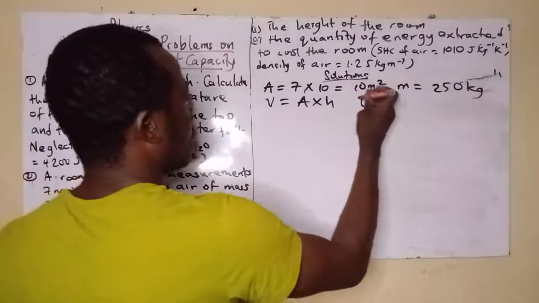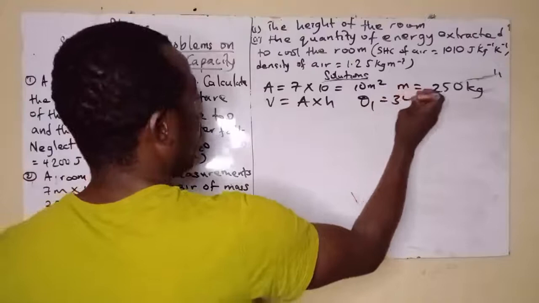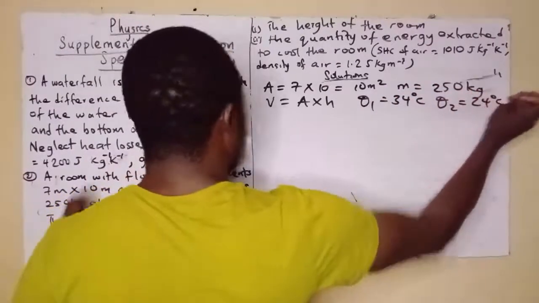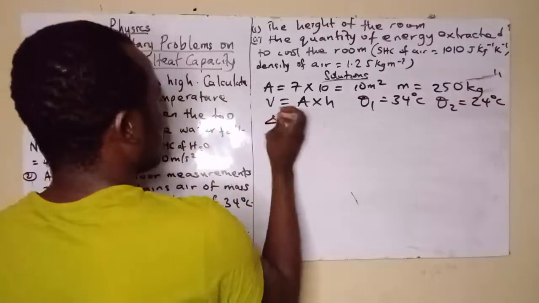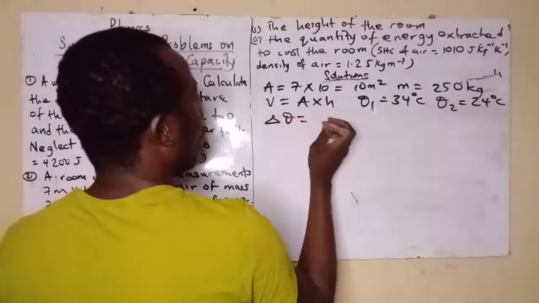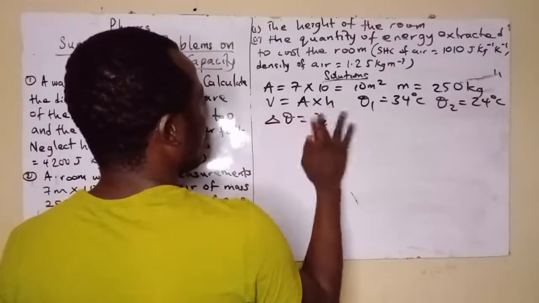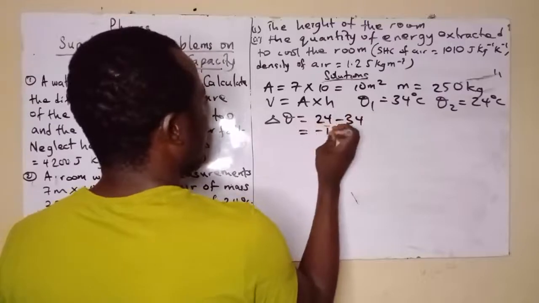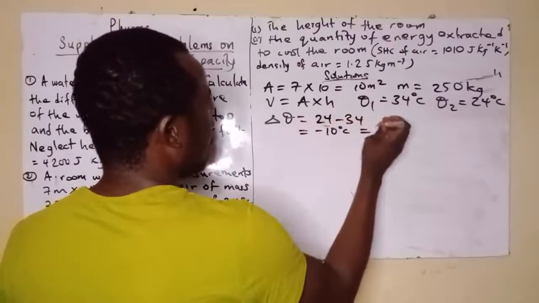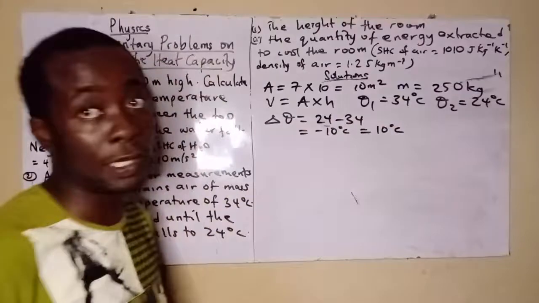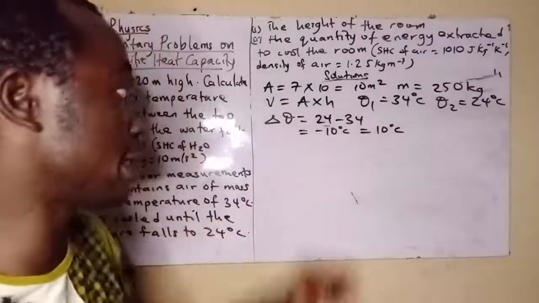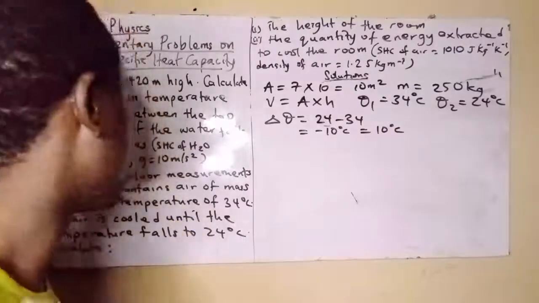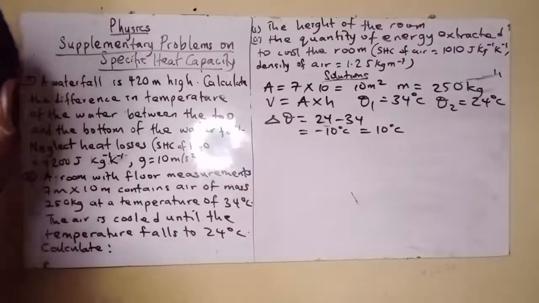Initial temperature theta 1 is 34 degrees Celsius, theta 2 is 24 degrees Celsius. So the change in temperature, delta theta, is theta 2 minus theta 1, which is 24 minus 34, and that's minus 10 degrees Celsius. But we take it as 10 degrees Celsius because there is a fall in temperature. That's why it is giving us a minus. Now let's quickly solve the first part.